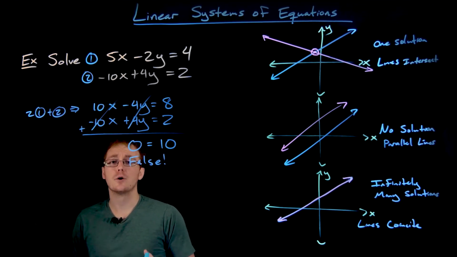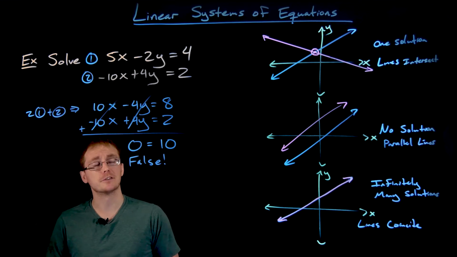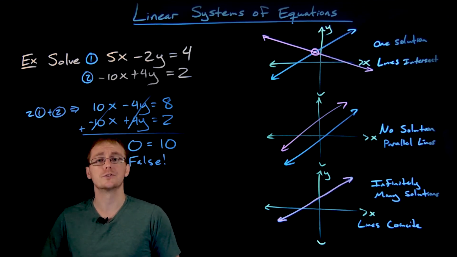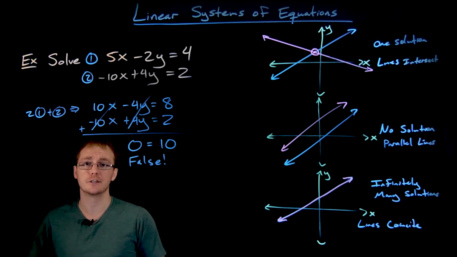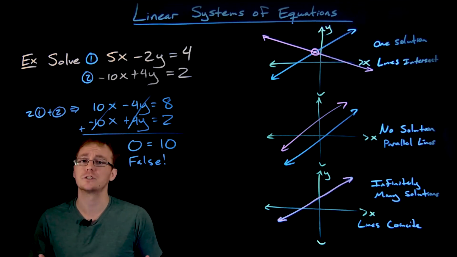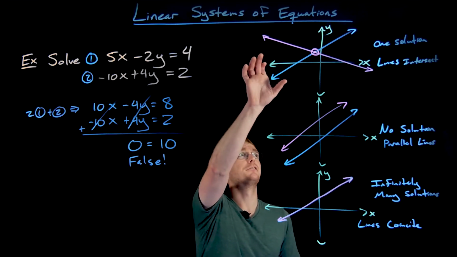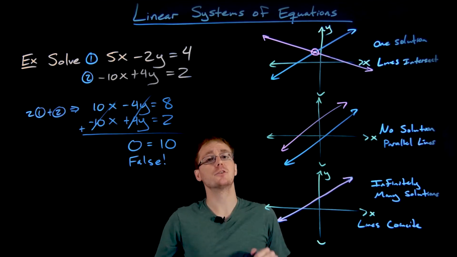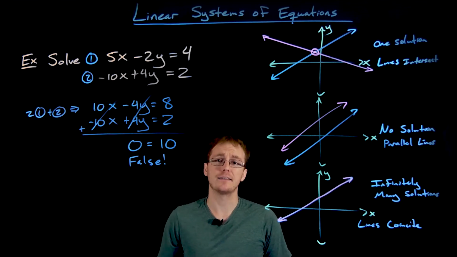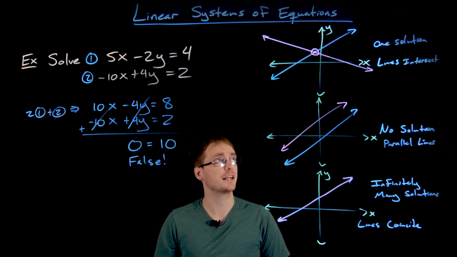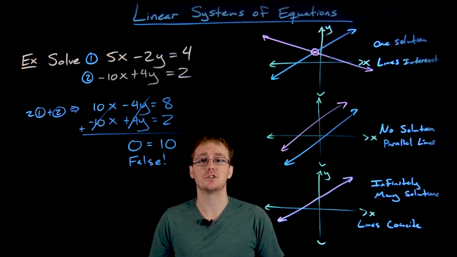Now we have to know how to interpret this situation. If we go back to the pictures of the 3 scenarios that we may run into when solving a 2x2 system of linear equations, we can identify which of these pictures we are in. Remember, the first picture is where we have a single solution, where we can actually solve for x and y, and that corresponds to our lines intersecting. That is clearly not the situation we are in.